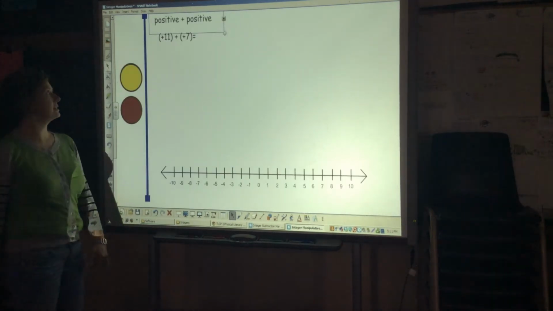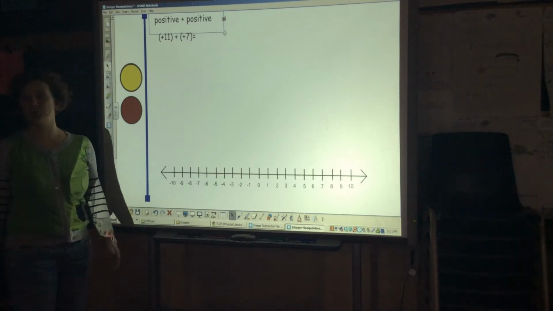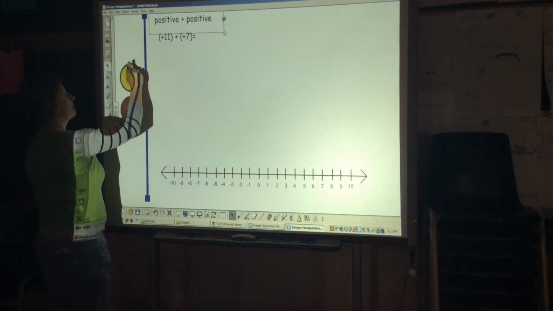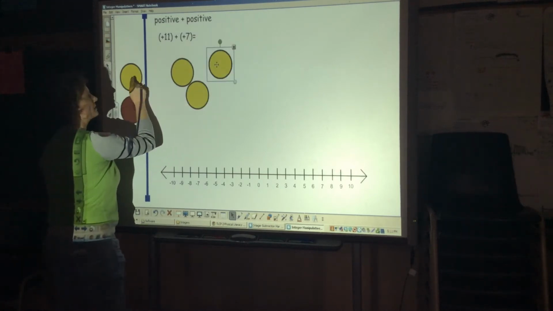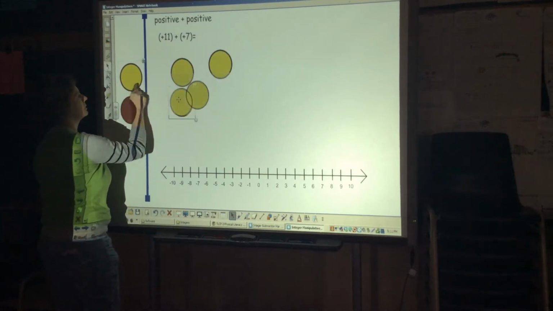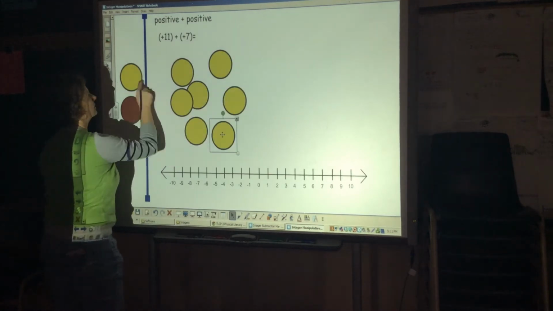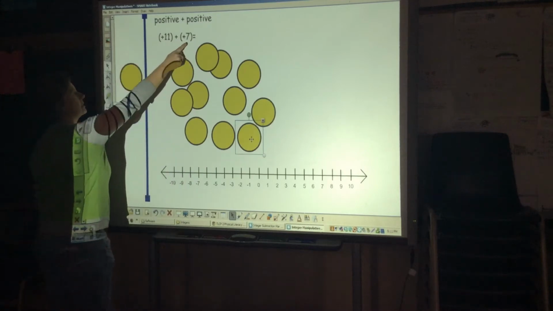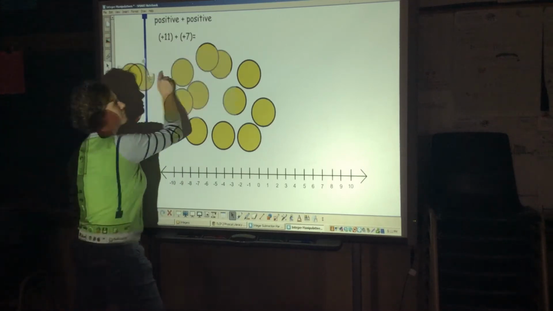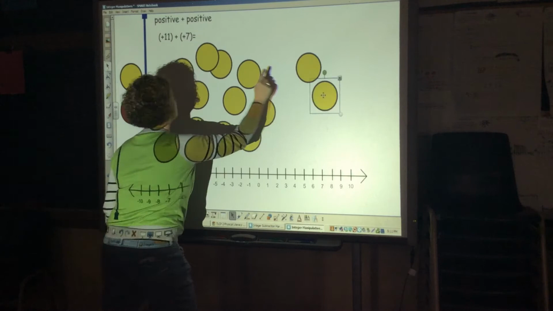So if we have a positive and you want to use two-sided counters, it says 11 positive, so I need 11 positive yellow counters, 1, 2, 3, 4. And then it says I need to add 7 positive. I'm going to add 7 more.